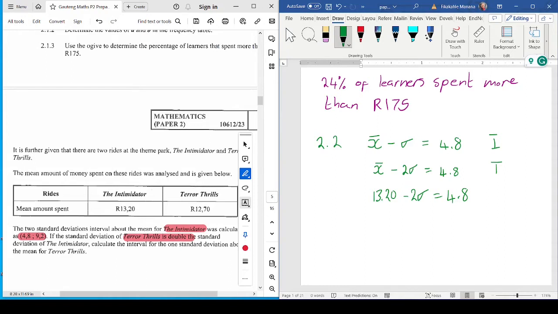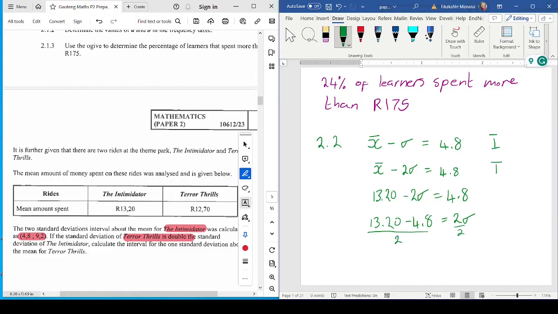So all that's left now is just to do gymnastics. Bring this number this side so that it's 13.20 minus 4.8, and then I take the standard deviation that side, it becomes positive. Then I get rid of the 2 by dividing both sides by 2.